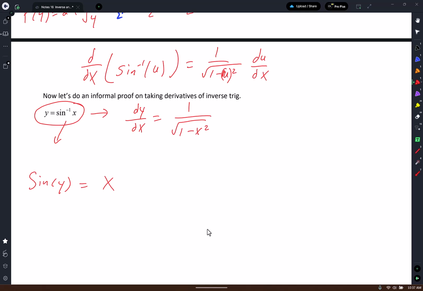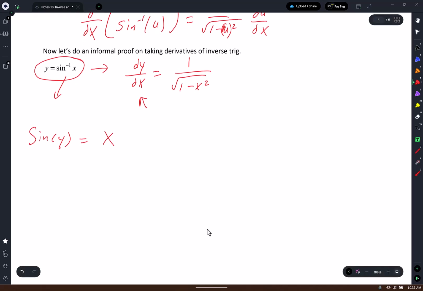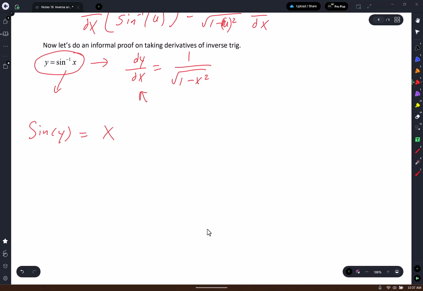What do we want? dy dx. So I'm going to take the derivative. We just finished implicit differentiation with respect to x. What's the derivative of sine y? What do I put next to it? Equals, what's the derivative of x? 1. There you go.